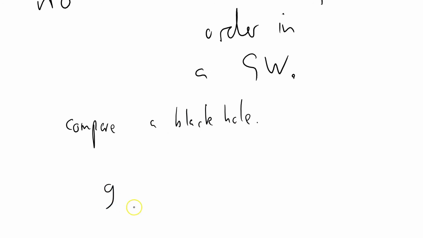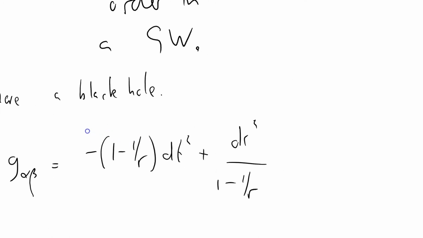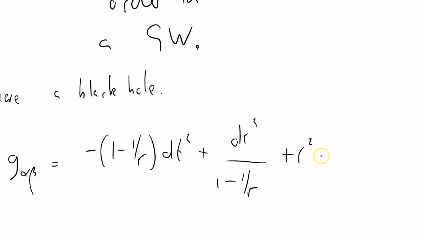Now here we had an entirely different metric. It was equal to minus (1 minus 1 over r) dt squared plus dr squared over (1 minus 1 over r) plus r squared d omega squared, where this is the angular components, and so on.